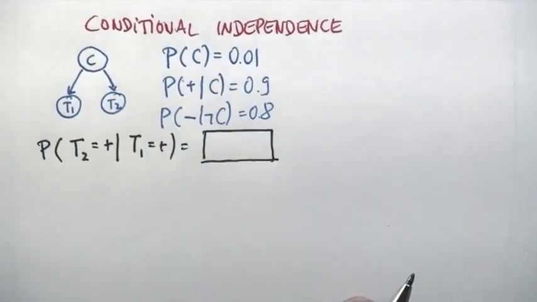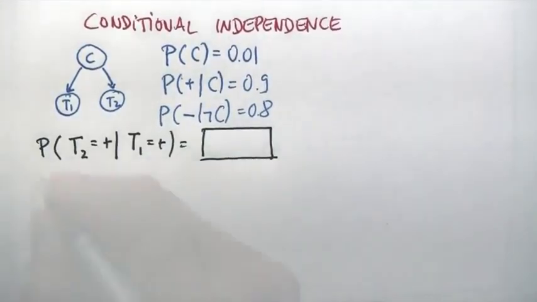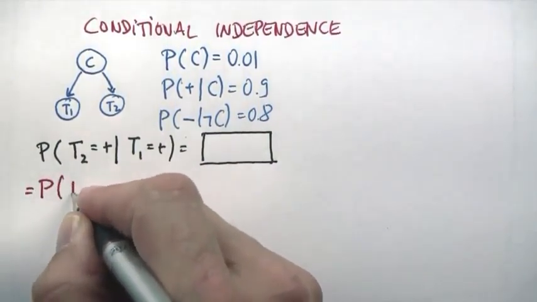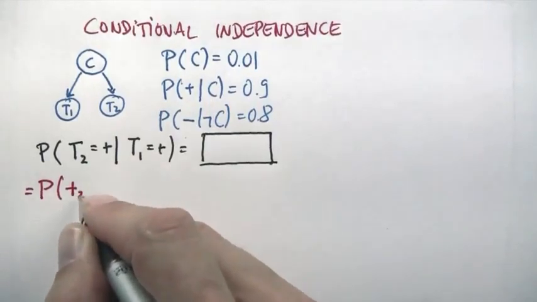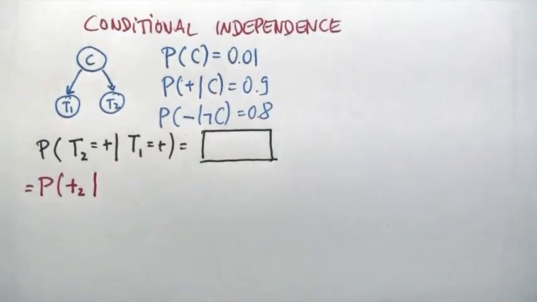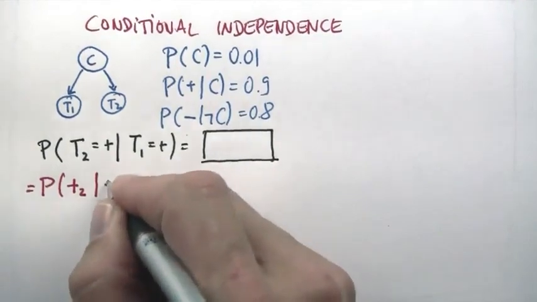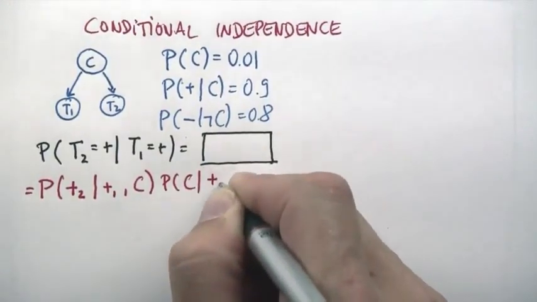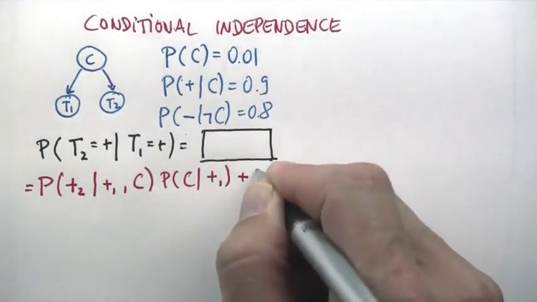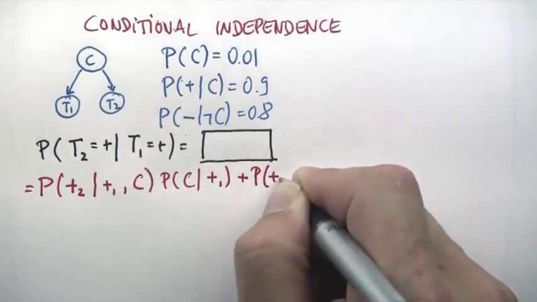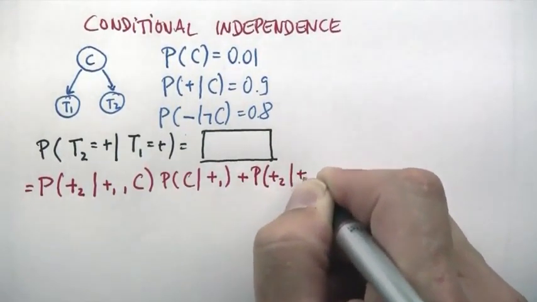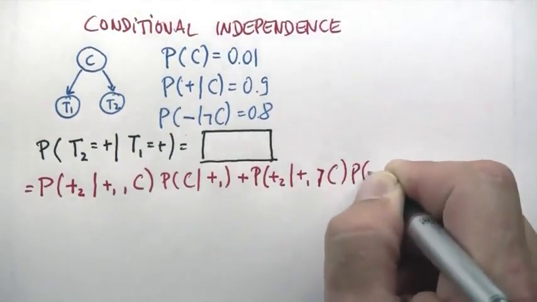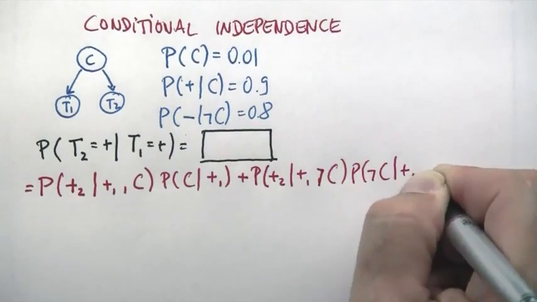For this one, we're going to apply total probability. This is the same as the probability of test 2 to be positive, which I'm going to abbreviate with +2, conditioned on test 1 being positive and me having cancer, times the probability of me having cancer given test 1 was positive, plus the probability of test 2 being positive, conditioned on test 1 being positive and me not having cancer, times the probability of me not having cancer given that test 1 is positive.